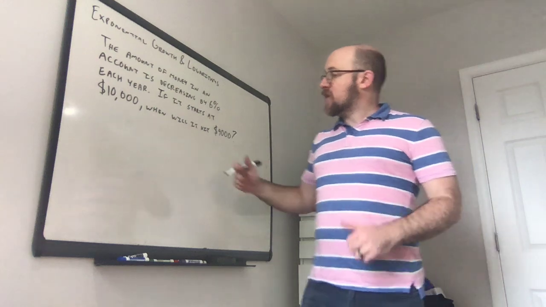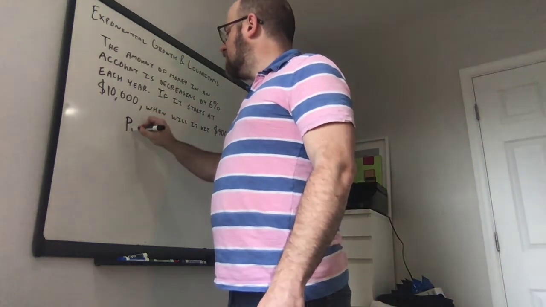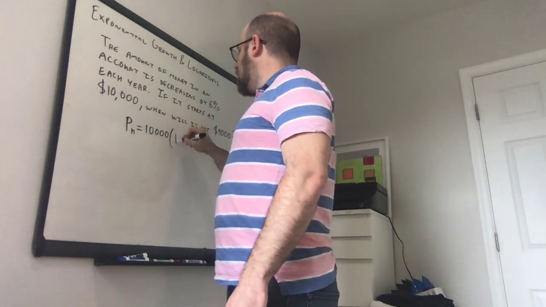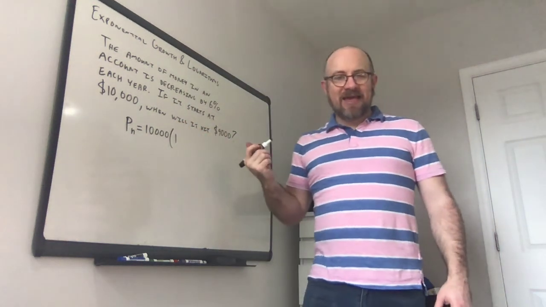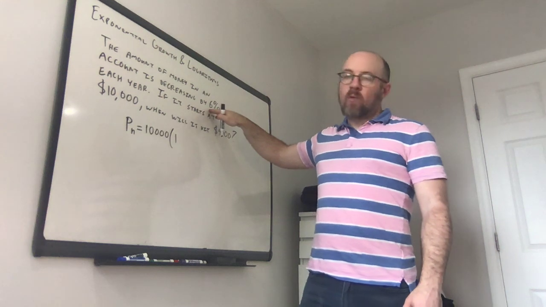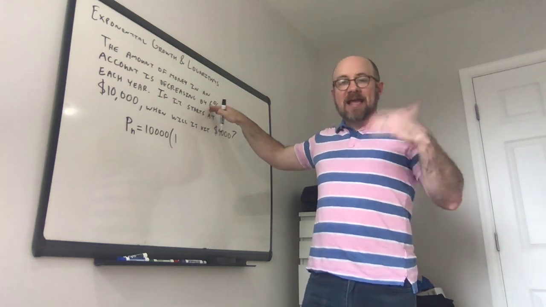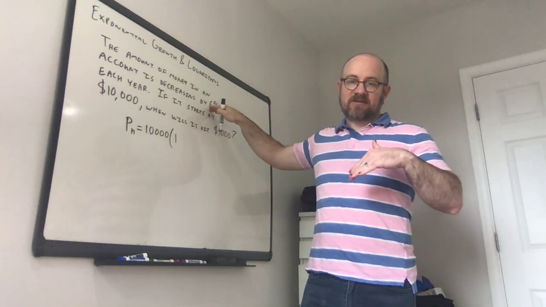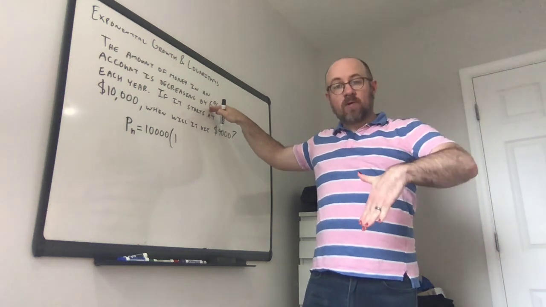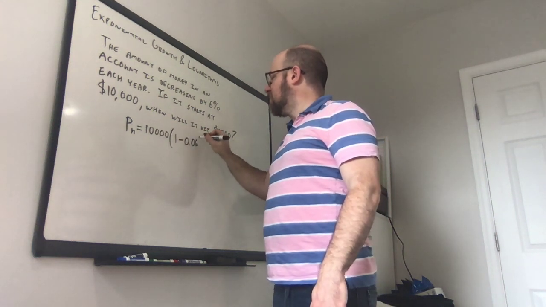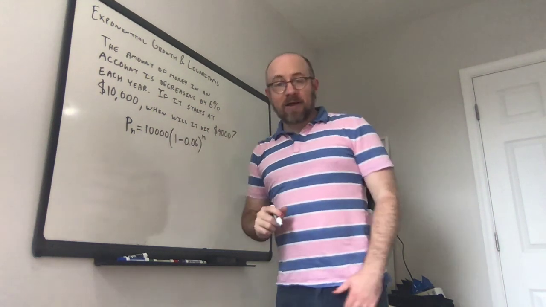And so if you think about your equation, P sub n equals 10,000 times 1 plus, how much is this growing by? Well, 6% is how much it's decreasing by. That's going to be a negative 0.06, okay? Because it's going down rather than up. So we're going to get 1 minus 0.06 to the n power, okay?